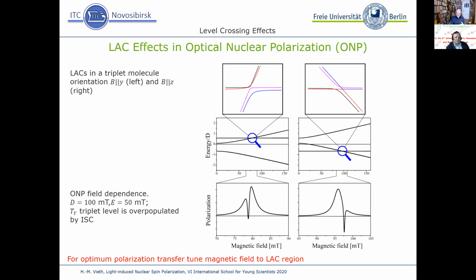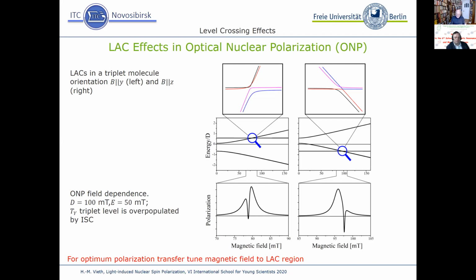And when you have the full hyperfine tensor with all the terms of the anisotropy of the hyperfine coupling, you have these four level anti-crossings.